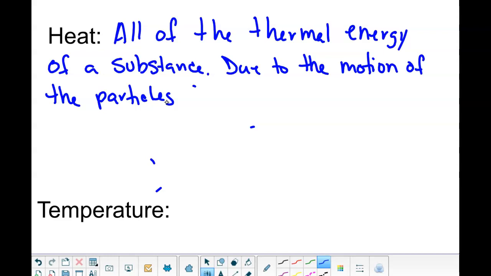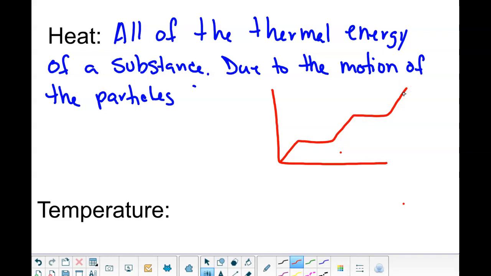Now, how is temperature different than that? Temperature is just part of heat. You'll remember that when we talked about our heating curve, right? Heat was being added throughout the whole process. So time or heat is being added throughout this whole process, but the temperature doesn't change when there's a phase change.